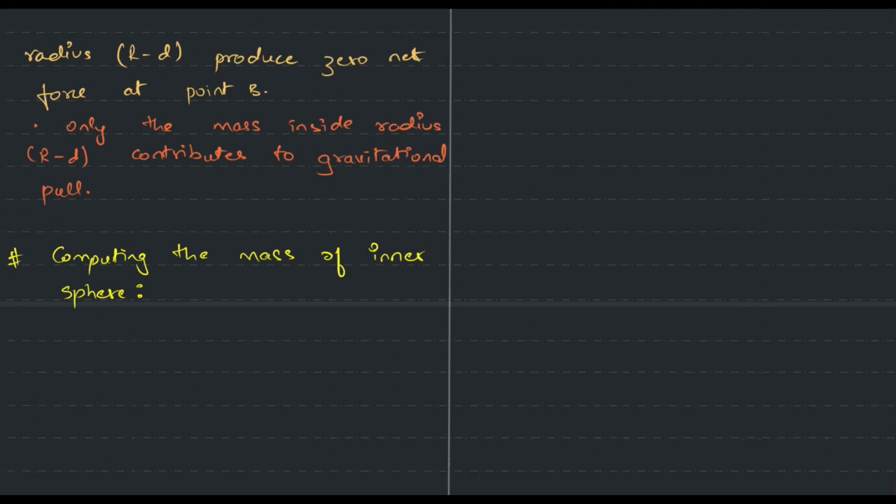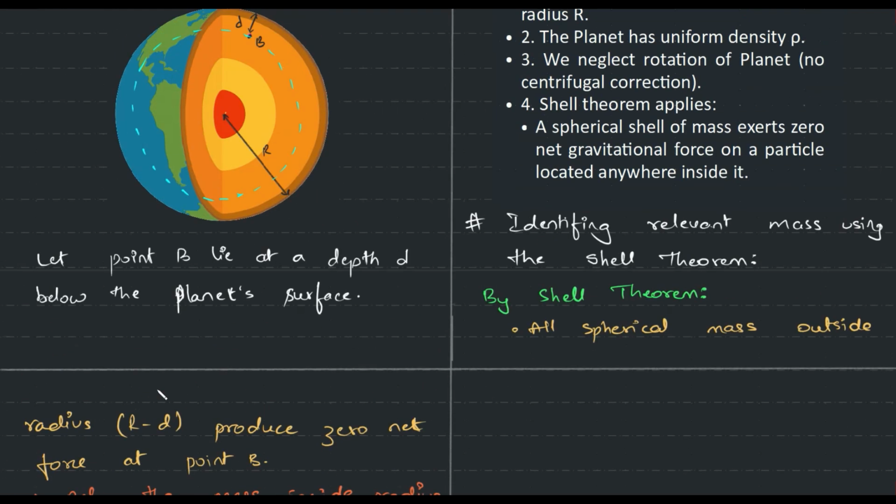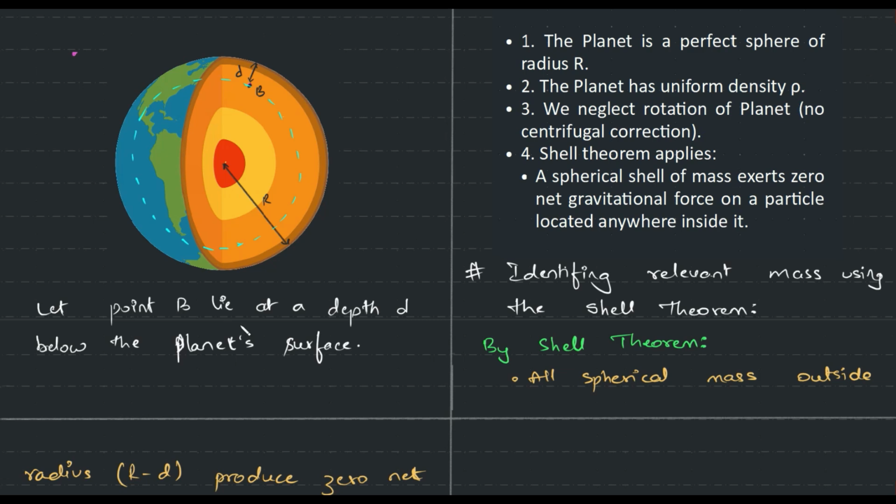So basically we need to express the inner sphere mass using density rho. It's quite simple actually. Mass is given by density into volume, and the density of the planet is rho.